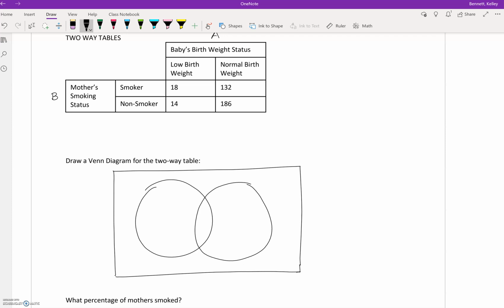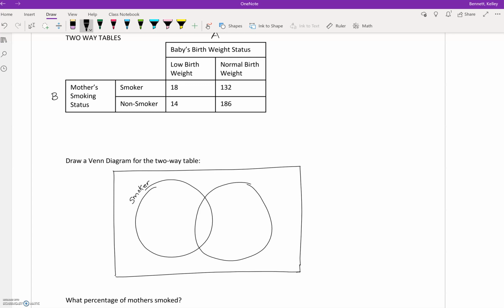We can let this be smoker, and you can pick smoker or non-smoker, but just pick one, because if inside the circle is a smoker, then outside the circle is the non-smoker. That's how you get the two categories, but it's really just one set.